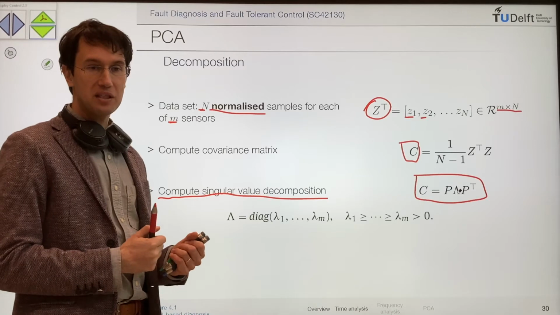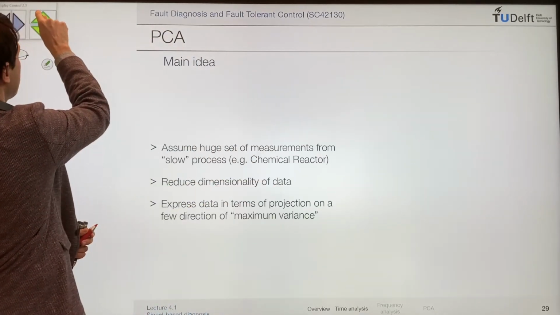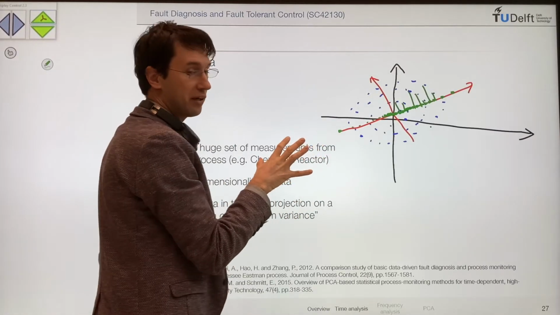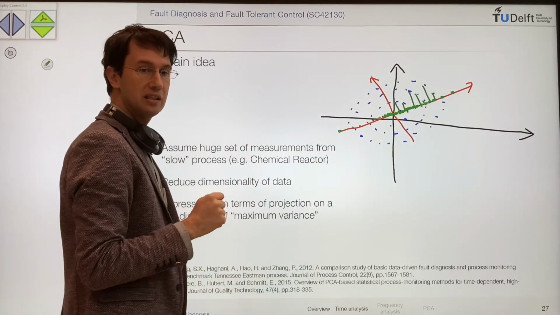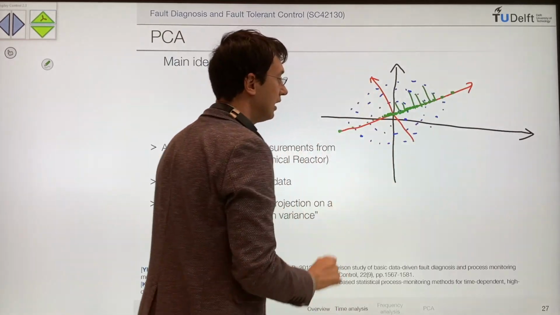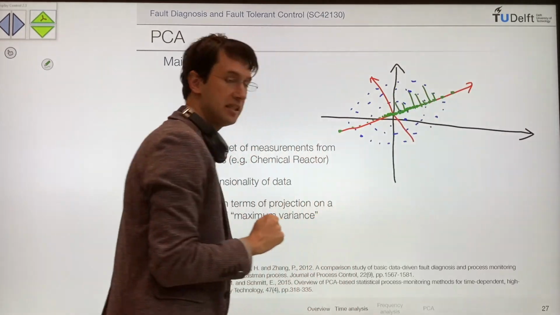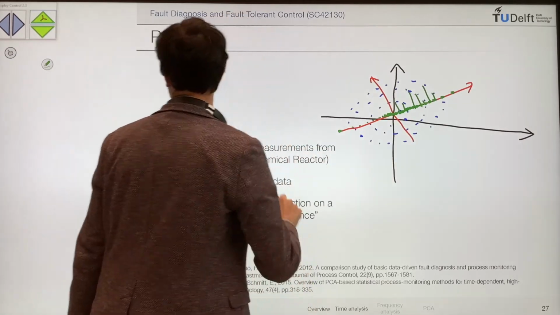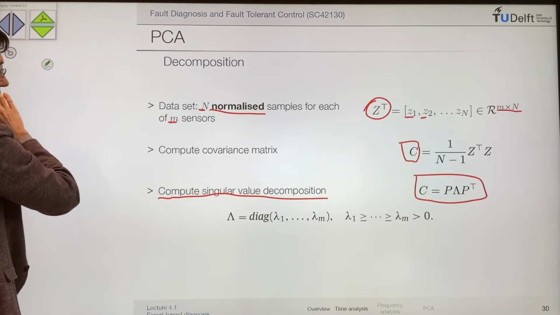The singular vectors are the ones that describe the directions over which data is varying. So if you do the transformation of these data with the matrix P, you get the two vectors that correspond to this axis and this axis. This axis has a singular value attached to it that is the biggest, and this one has the singular value that is the smallest. So you can imagine how we are going to proceed.